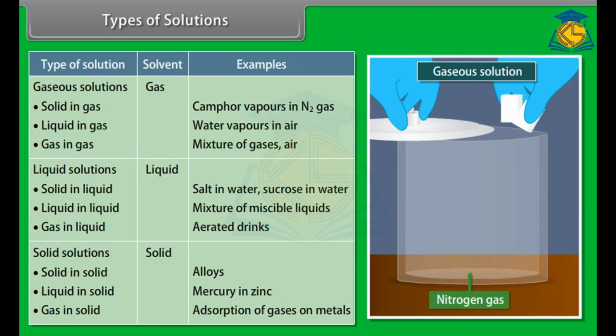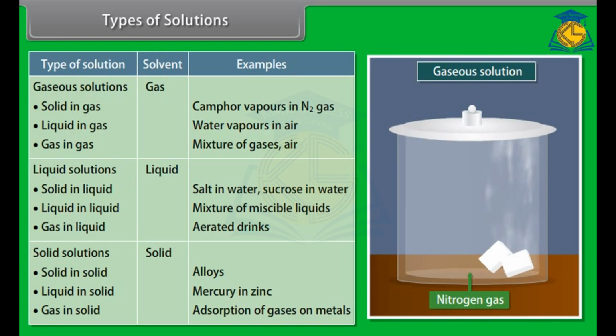They are categorized as follows. Solid in gas. For example, camphor vapor in nitrogen gas. Liquid in gas. For example, water vapors in air. Gas in gas. For example, mixture of gases or air.